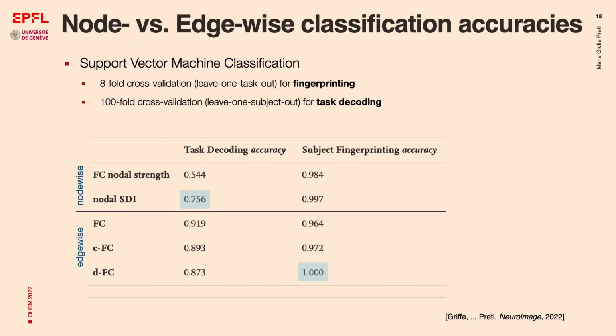So we see that at the nodal level, the SDI outperforms the functional connectivity node strength for task decoding accuracy, and accuracies are very high for all the edgewise measures for task.